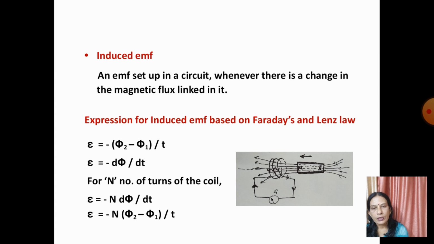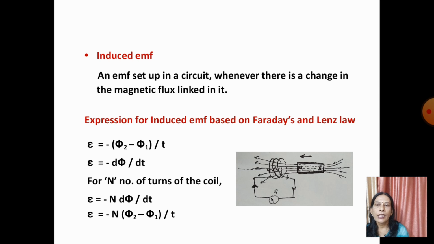Now this is for a single turn of the coil. If we have n number of turns in the coil, as you can see in the diagram, there are 3 turns in the coil, then the EMF will become n times d phi by dt, and of course the negative sign will be there. That is minus n d phi by dt, or minus n times phi 2 minus phi 1 upon t.